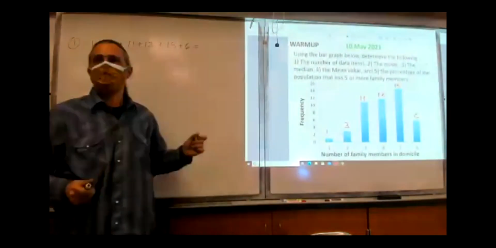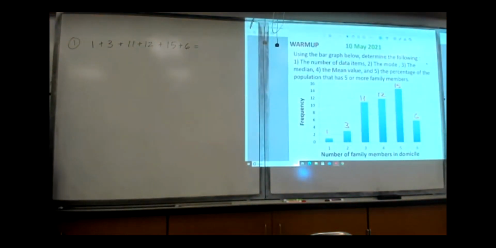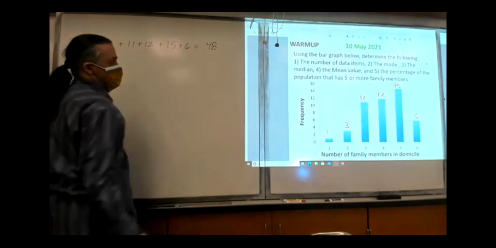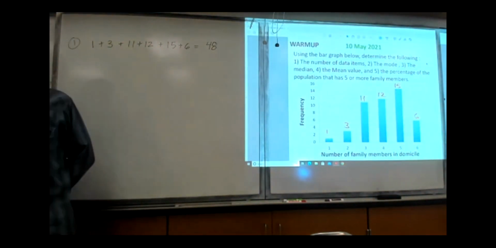Anybody get that calculation? All right. There's 48. So 48 domiciles are represented. Now, that's not how many people.